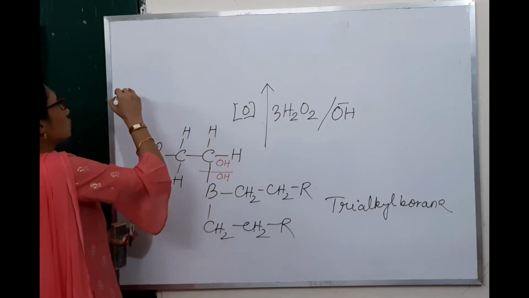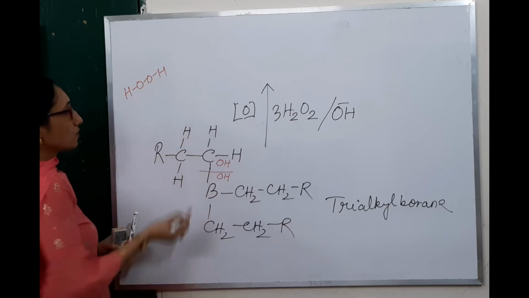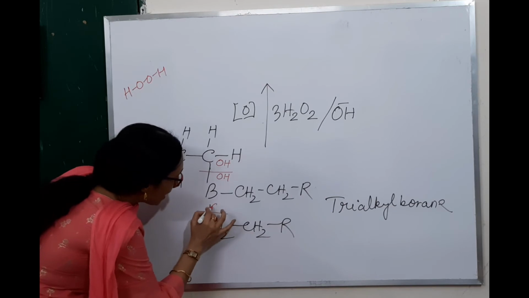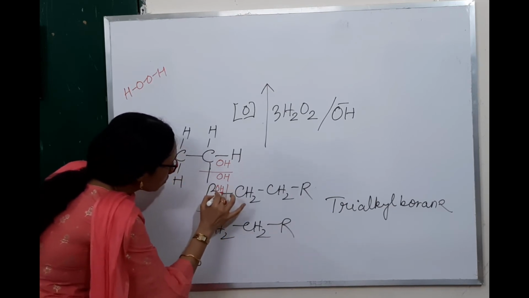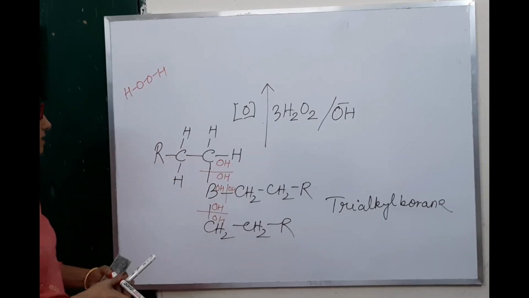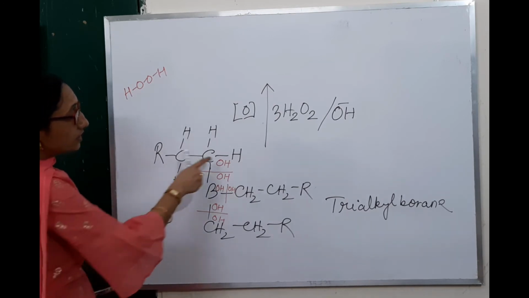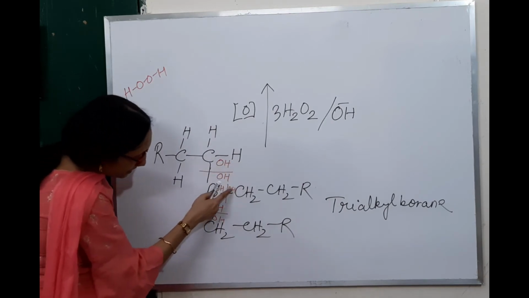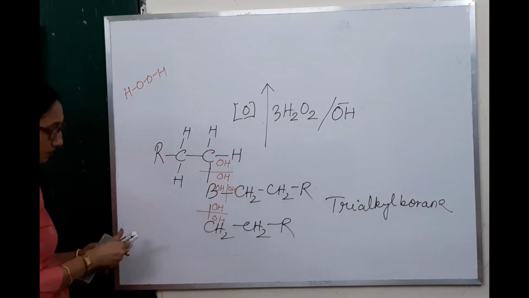Once it is H2O2, we can think of it in this way: H2O2, so I have written OH, OH. Now here also I am writing OH, OH. And here also OH, OH. So I have written here 3 H2O2. This is one H2O2. This is another H2O2. This is the third H2O2.